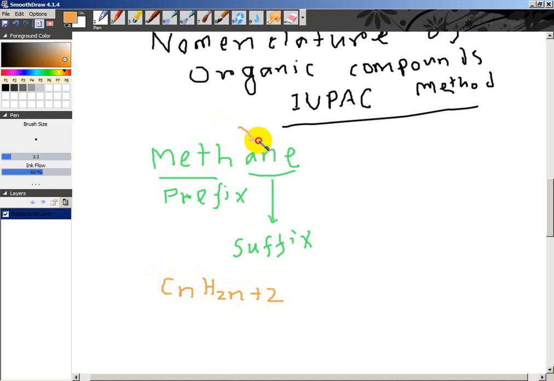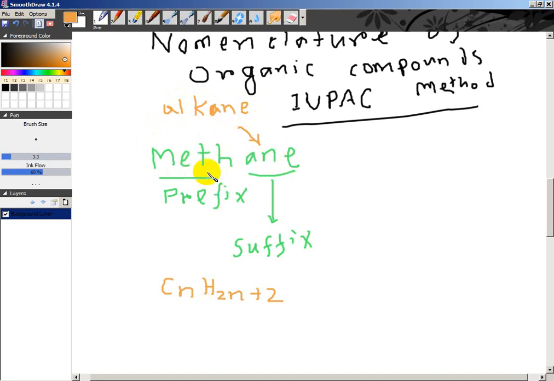If the suffix is n, it will be alkane. This is alkane, so the general formula is CnH2n+2.